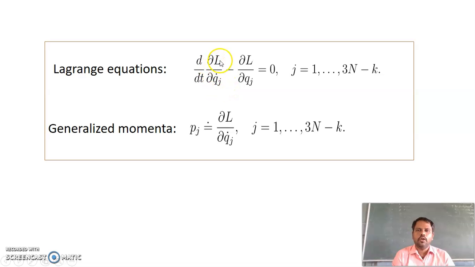Note that dou L by dou Qj dot is represented by P, which is a generalized momentum. So this expression is known as Lagrangian equation of motion.